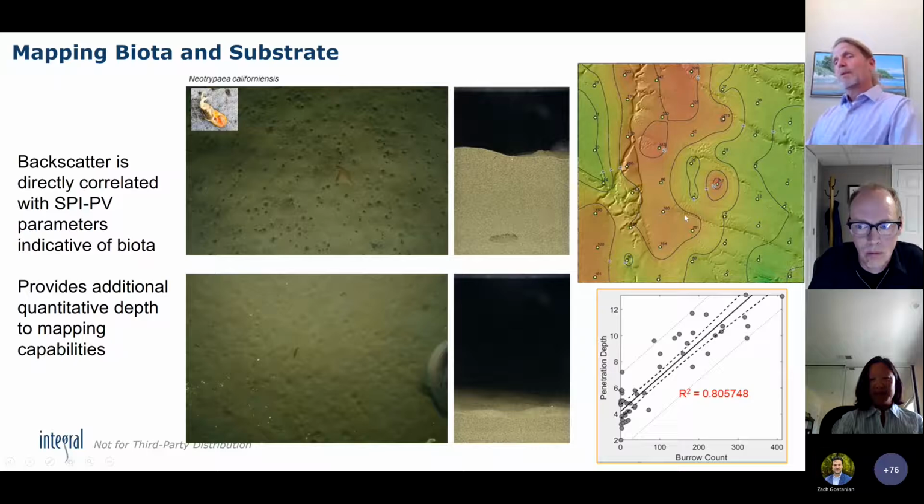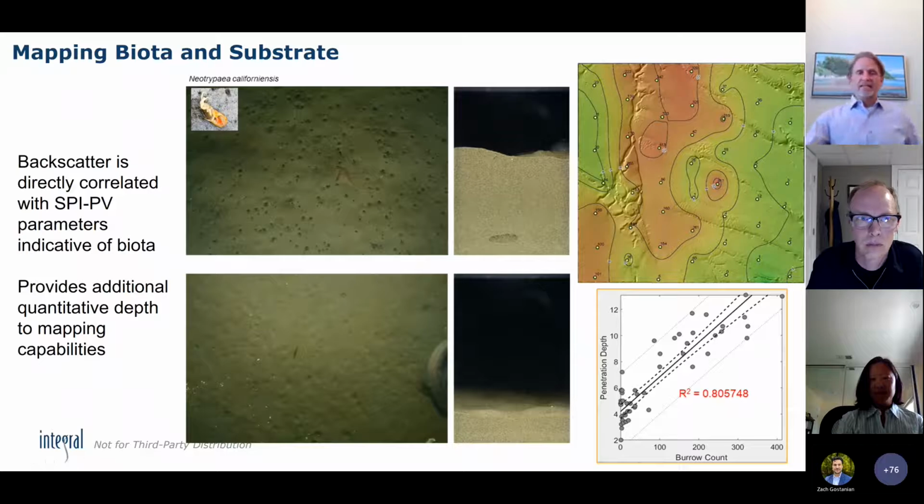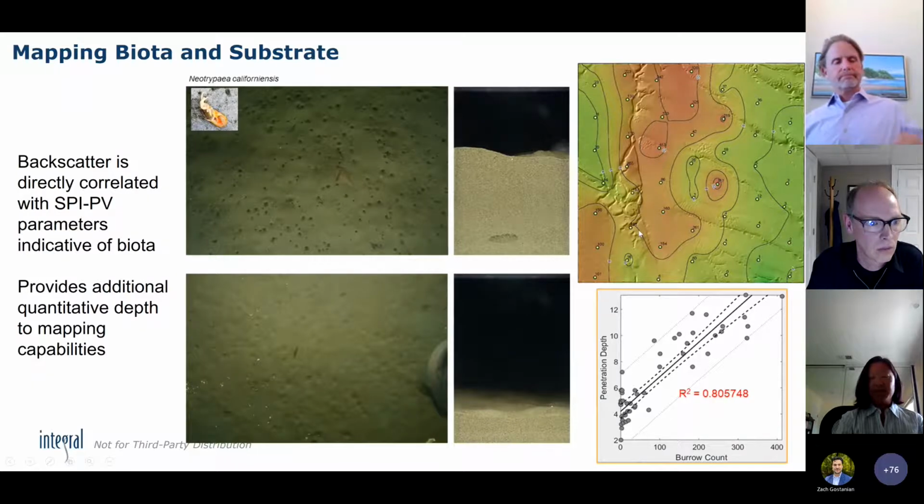And now we can develop heat maps of burrow densities offshore. So this is that same area. The red areas have higher burrow densities, and the green areas have lower burrow densities. And R² is 0.8. So there's a lot of data in this SPY camera imagery alone that can be correlated to offshore conditions.